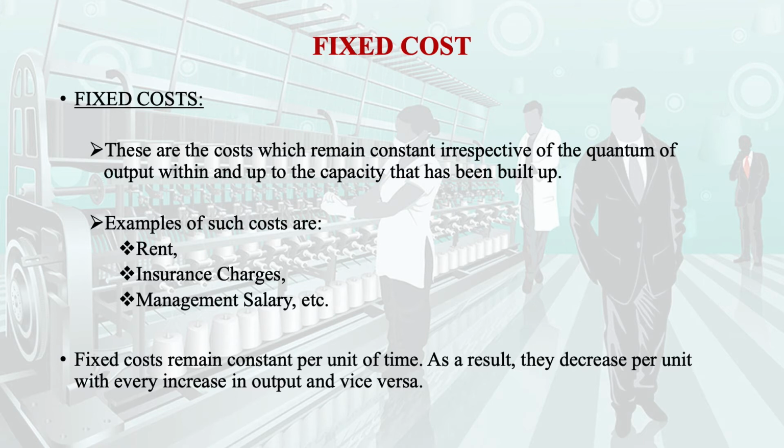So the rent will be a fixed cost. Fixed cost remains constant per unit volume of item. As a result, it decreases per unit with every increase in output and vice versa.